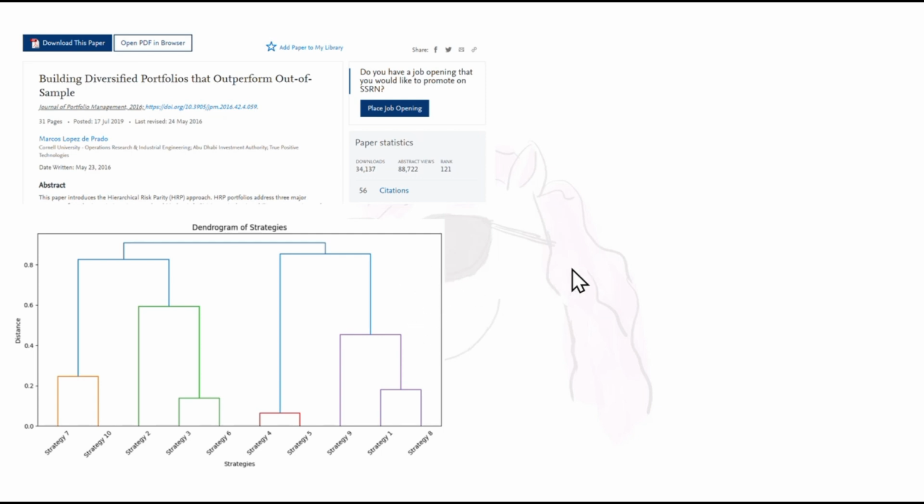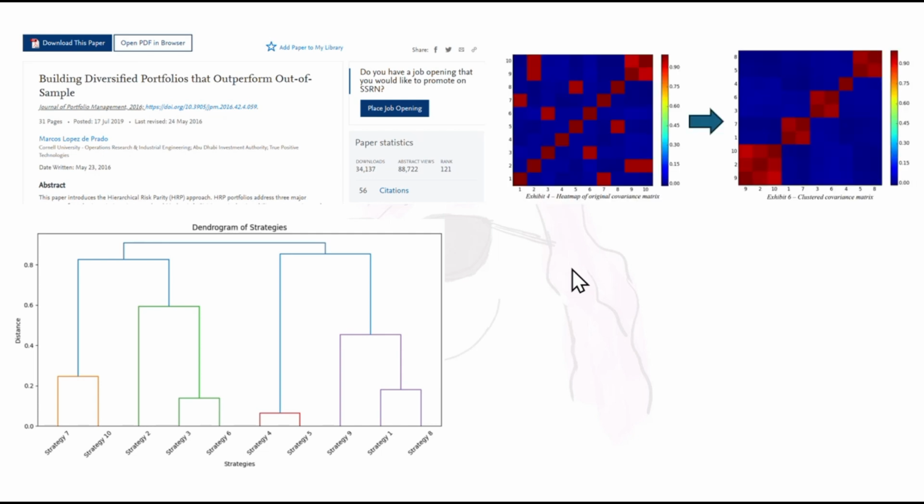After we have this graph, we can then work on our new covariance matrix. You see, compared with before, the covariance matrix after is a lot more clustered. And by having this new information, we can then put weights on the strategies using a top-down method. And then eventually every strategy is given a weight.